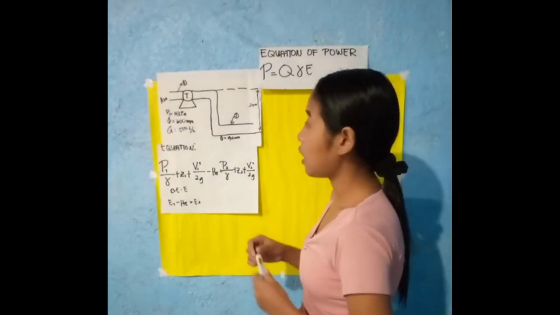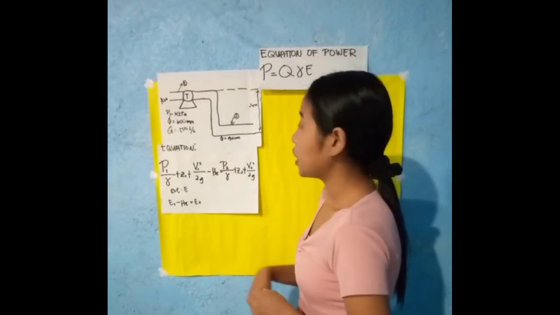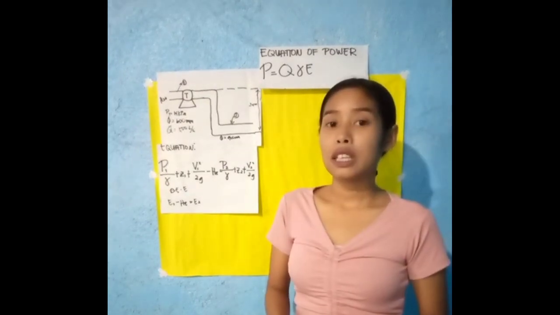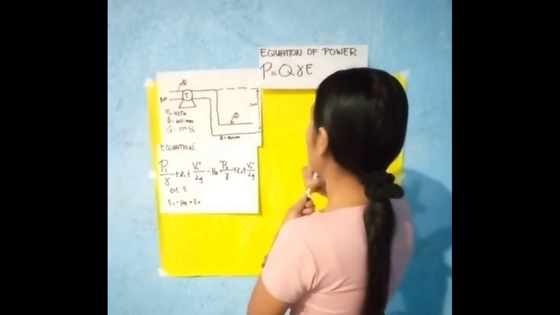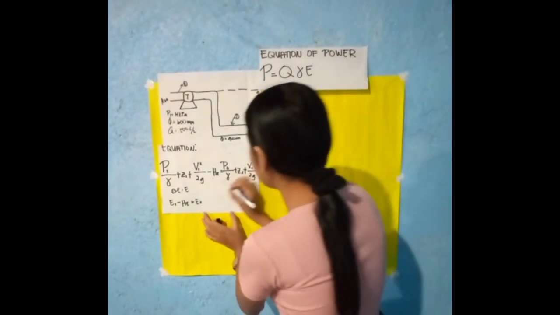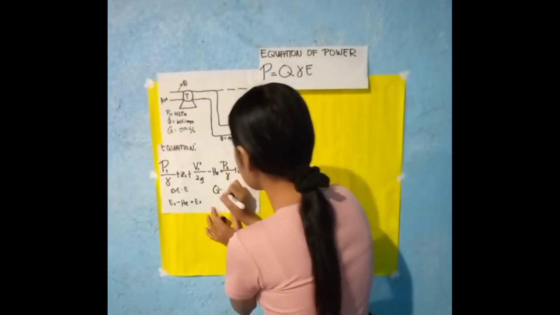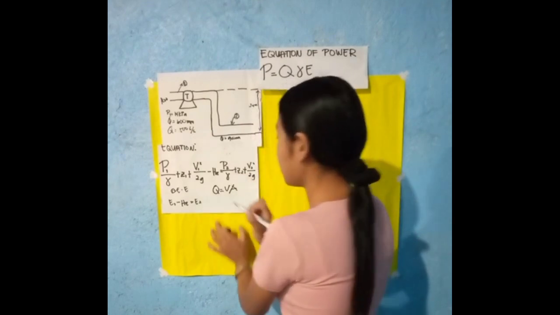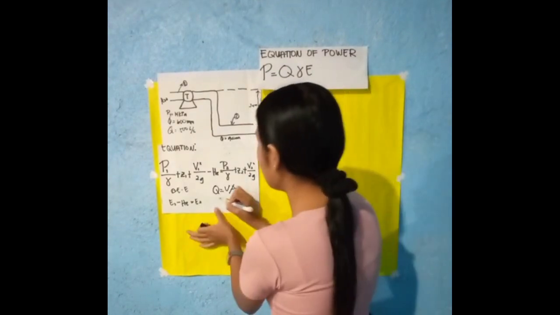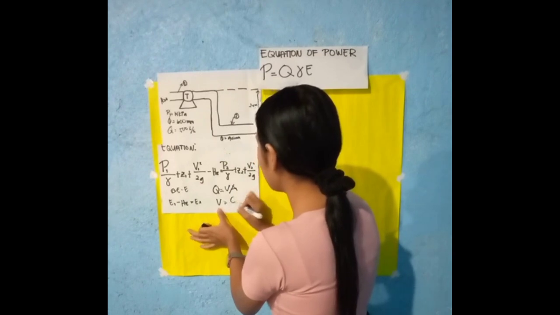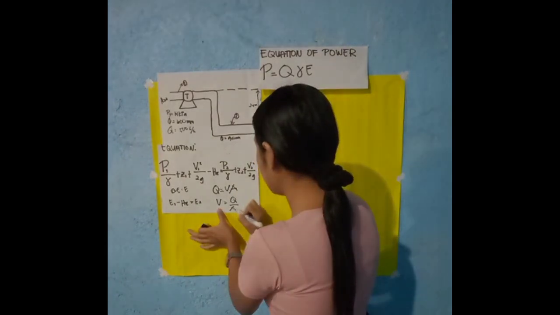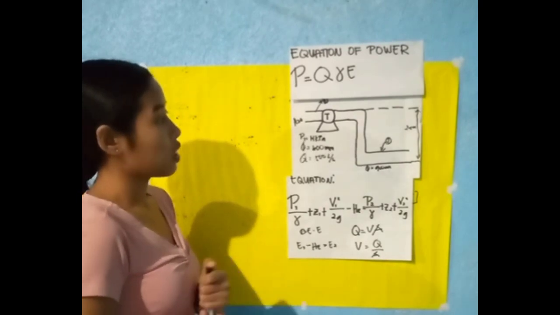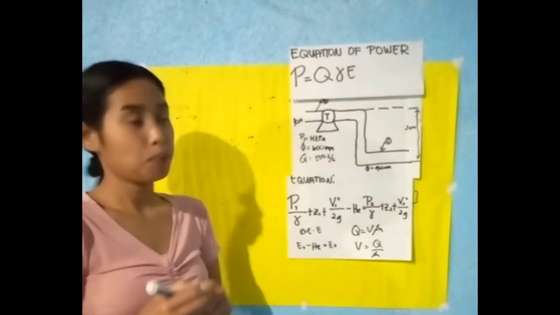Now we are going to get our velocity in point 1. We are going to use the volumetric flow rate equation, which is Q is equals to V times the area. Therefore, our equation will be velocity is equals to Q over area. Now, we are going to get our value in velocity in point 1.